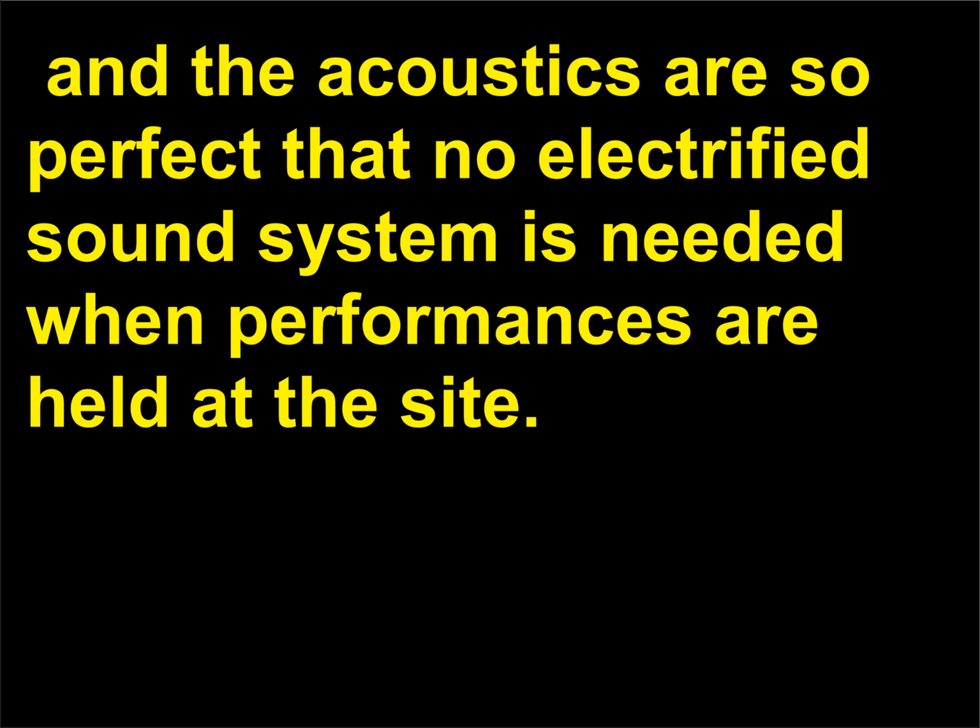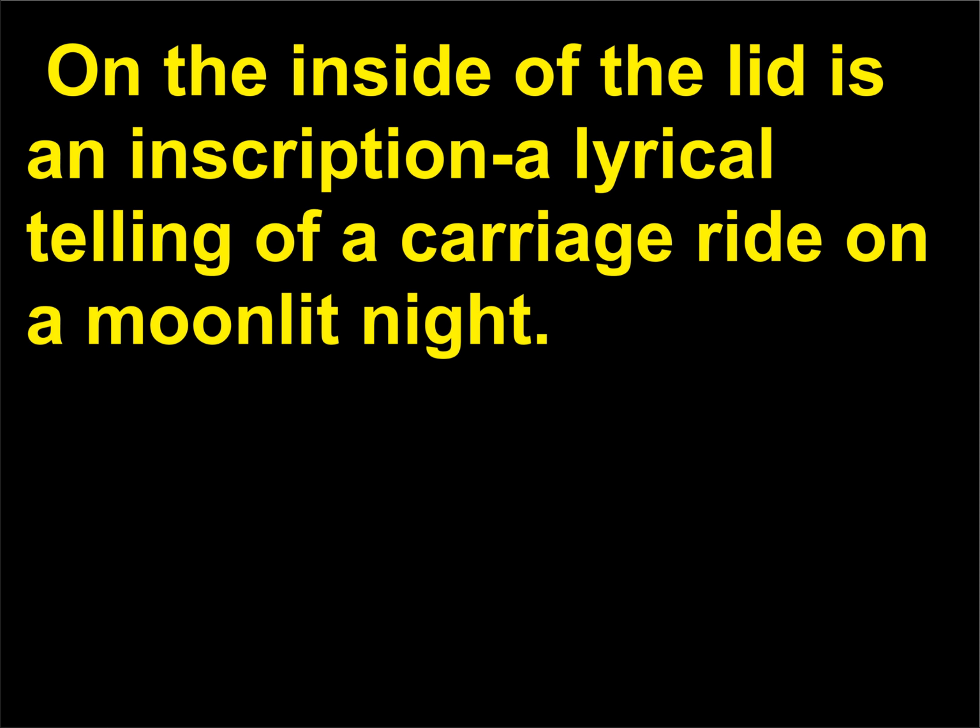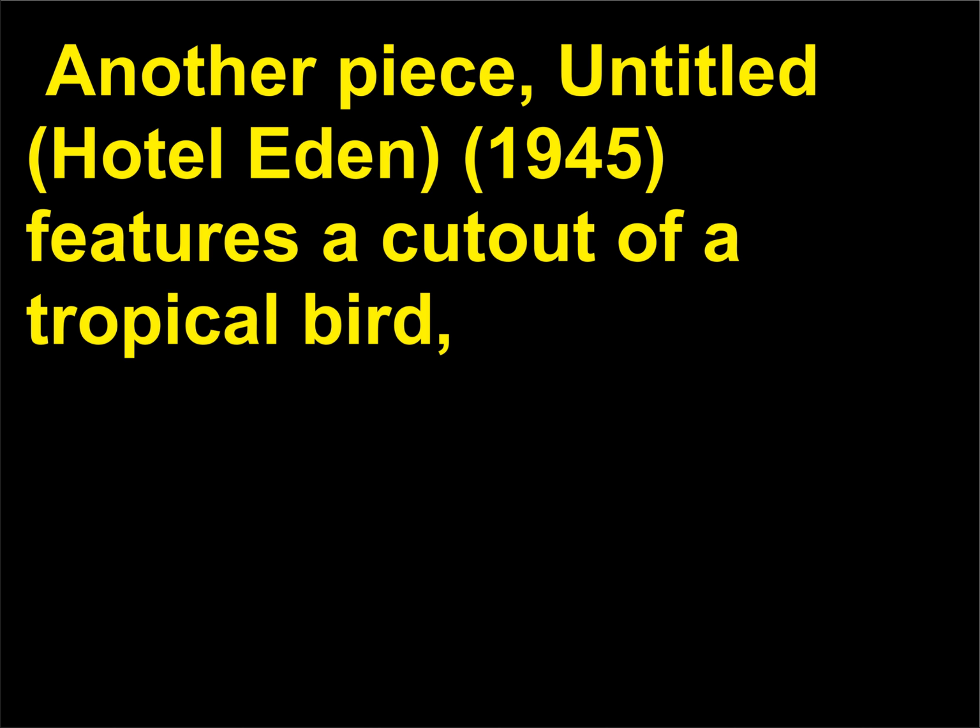On the inside of the lid is an inscription, a lyrical telling of a carriage ride on a moonlit night. Another piece, Untitled (Hotel Eden), 1945, features a cutout of a tropical bird, whitewashed wood, and paint-splattered newsprint, which creates a nostalgic image of paradise. Many of Cornell's assemblages are on display at the Art Institute of Chicago.